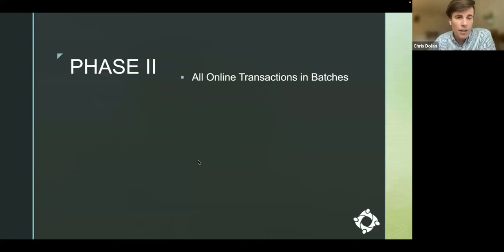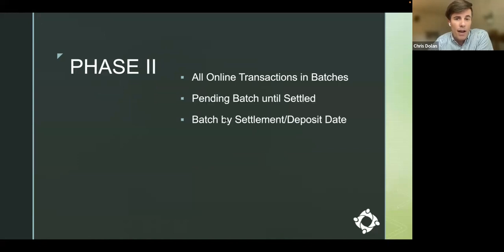Phase 2 is that all online transactions are going to show in batches. This means not only contributions, but event registrations are going to go into batches as well. That is for the purpose of allowing all the batches to be grouped by settlement or deposit date. So you will no longer need the settlements report, or if you're familiar with what we called it before settlements, Mike?